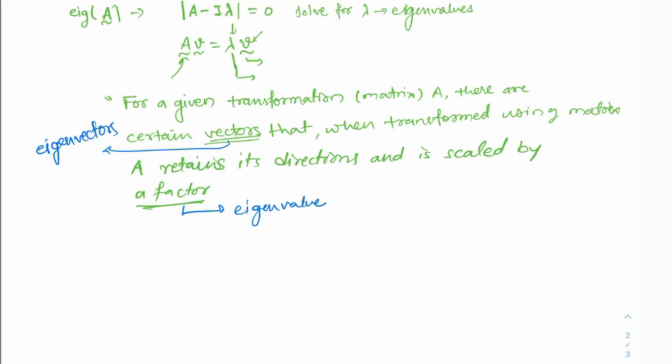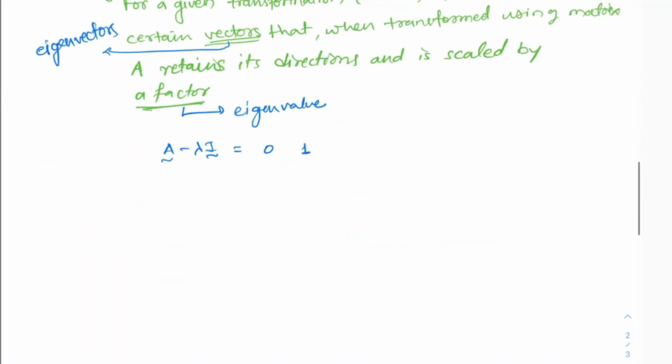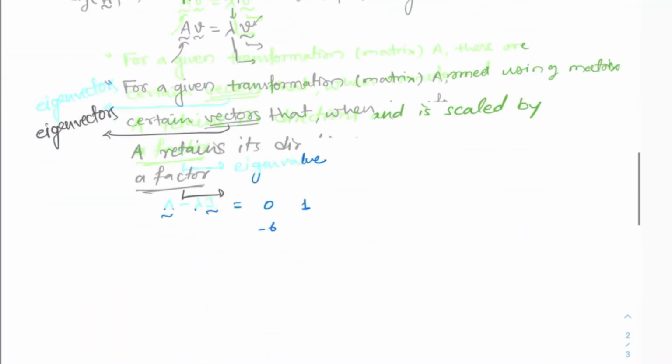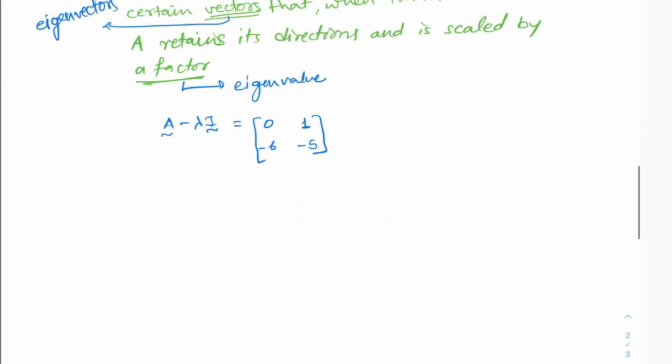We have to take the determinant of A minus lambda I, where I is the identity matrix of the size of A. So we have 0, 1, minus 6 and minus 5, minus lambda times I, which is 1, 0, 0, 1.